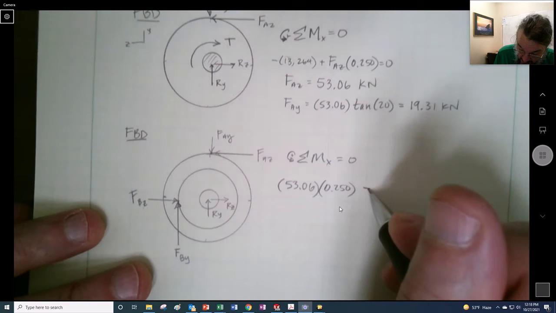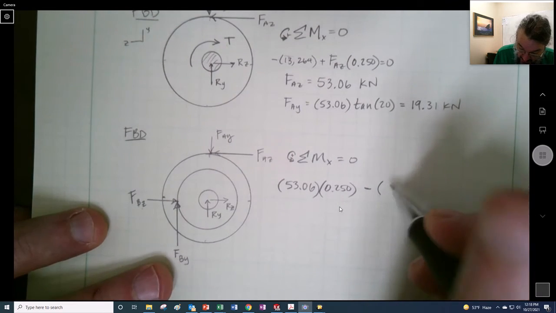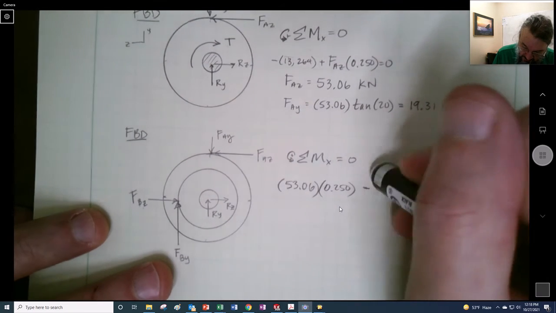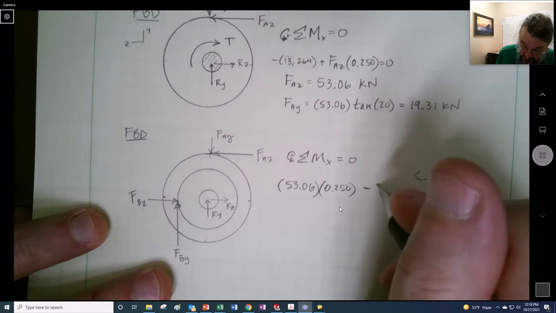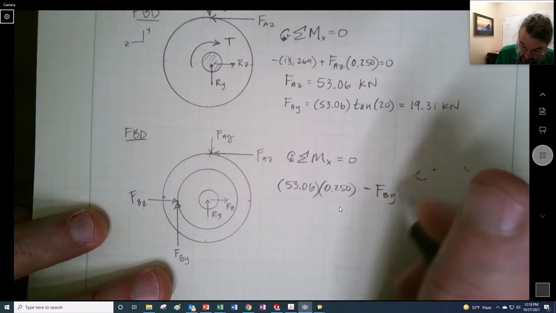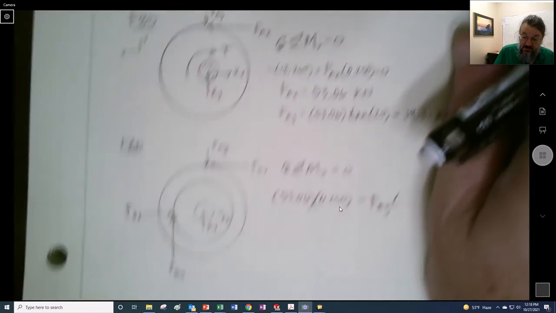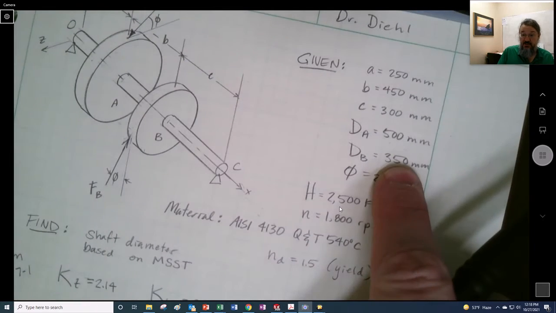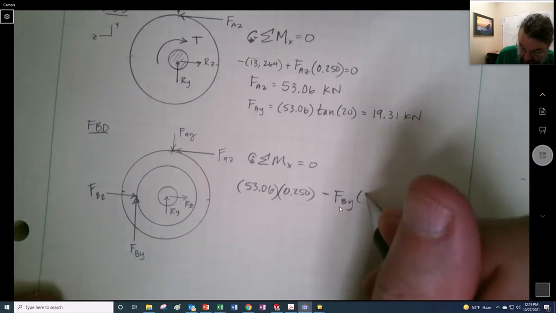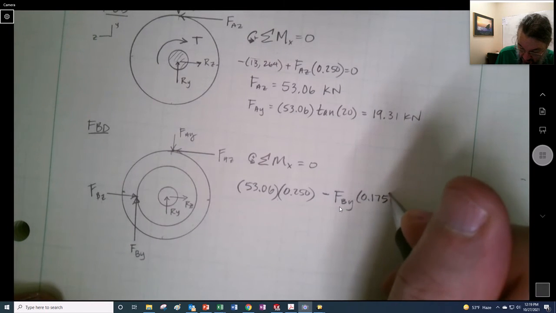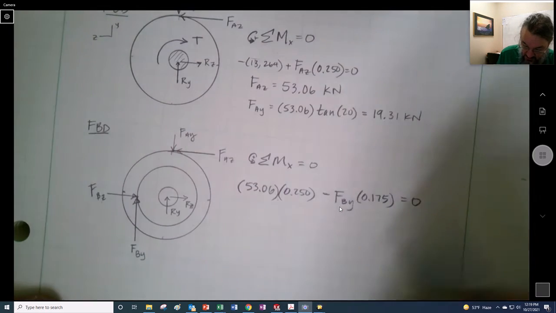So now we're going to go minus, I meant to put the force there first, FBY, and then times the radius of this, and that's 350, so that's what, 175? Or 0.175, because for some reason I'm using the millimeters in here.